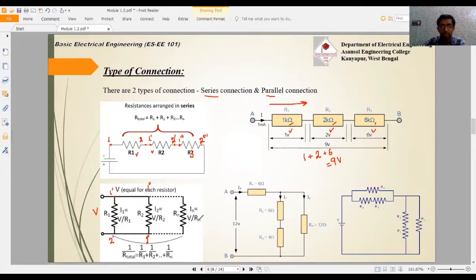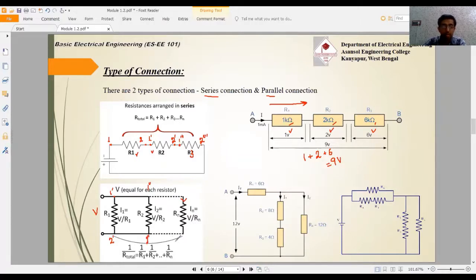Okay, so what will be the current flowing through each resistance? It will be I1 equals V by R1, I2 equals V by R2, and if we connect n number of resistances, then the current flowing through the nth resistance will be In equals V divided by Rn.